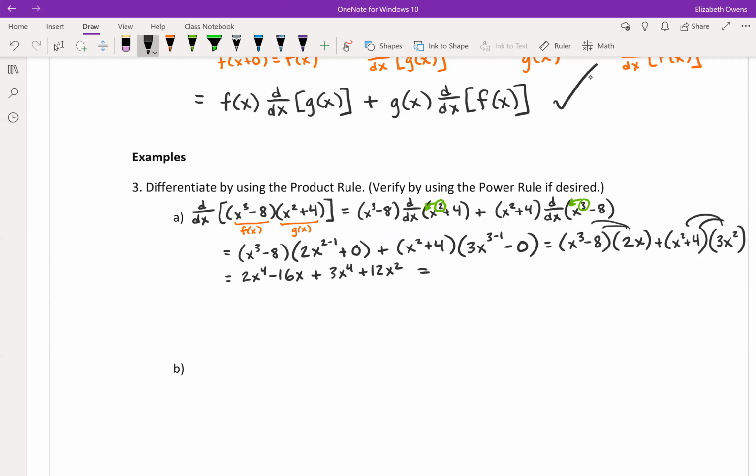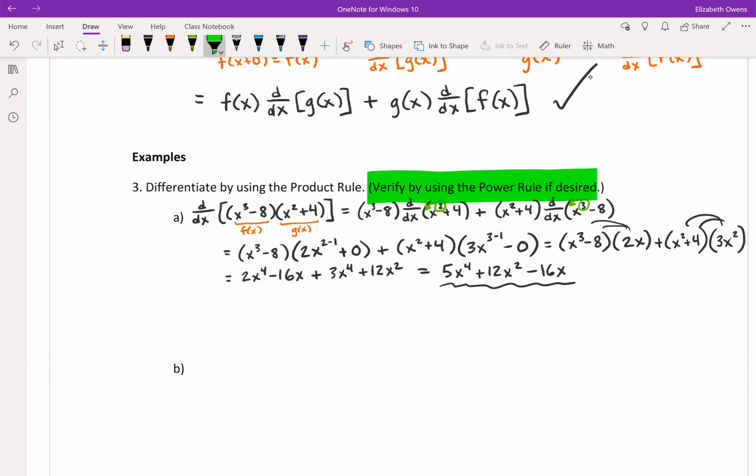And yes, there are some common terms that we can combine. We have 5x to the 4th together there. 5x to the 4th plus 12x squared minus 16x for that derivative. So that is the answer. We've taken the derivative by using the product rule.